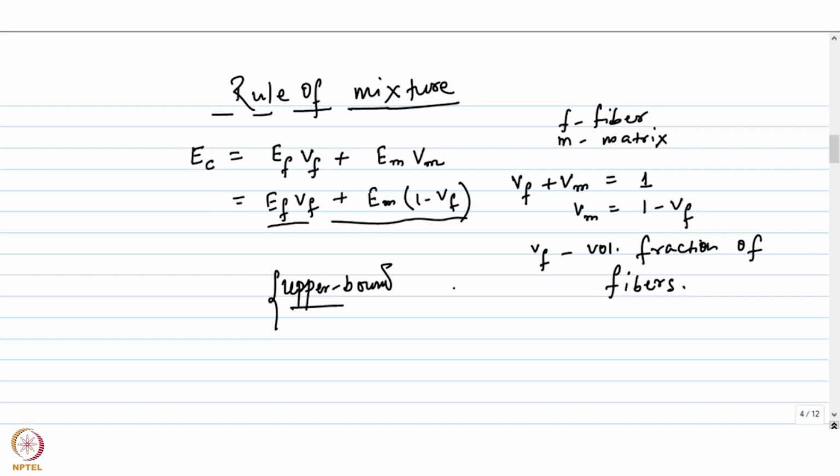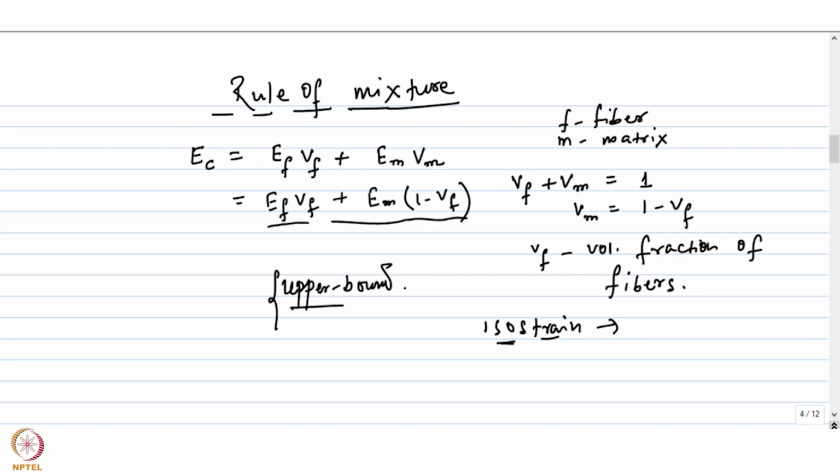This is because there are some assumptions which are made in the rule of mixture. For example, this isostrain assumption that we made, that is, strains in the fiber as well as the matrix are taken as equal, but practically that is not true. A fiber is a completely different material from the matrix, and therefore at a particular load you cannot expect the strain to be the same, right? So that is one assumption because of which the experimental values and the values obtained from the rule of mixture will differ.